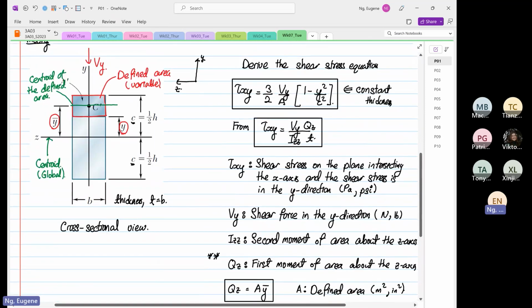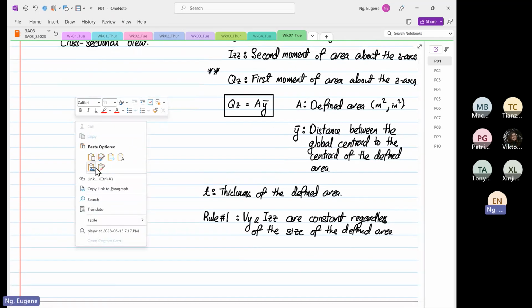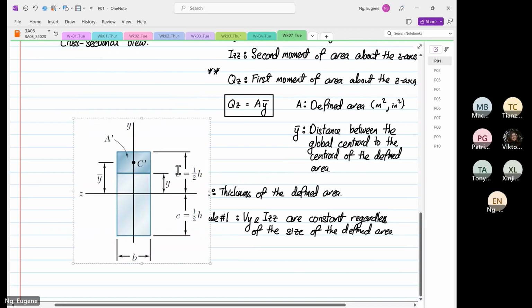So I'm going to copy this diagram again and paste it here.